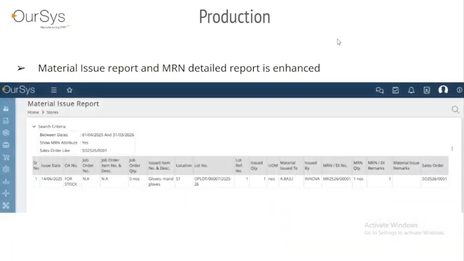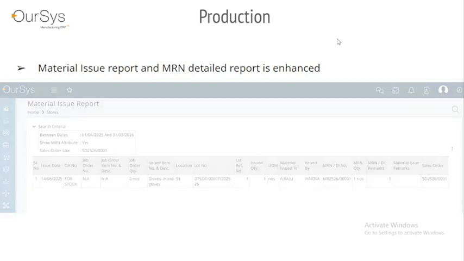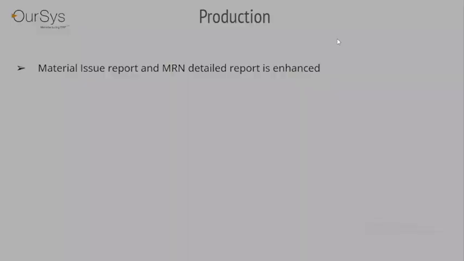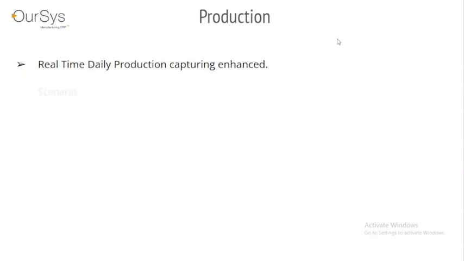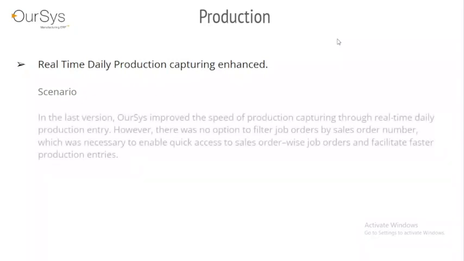So now in this version, we have introduced a filter of attribute in the material issue search edit, and also you can have the MRN attribute details in your material issue report. This empowers users to conduct more precise analysis based on their requirement.